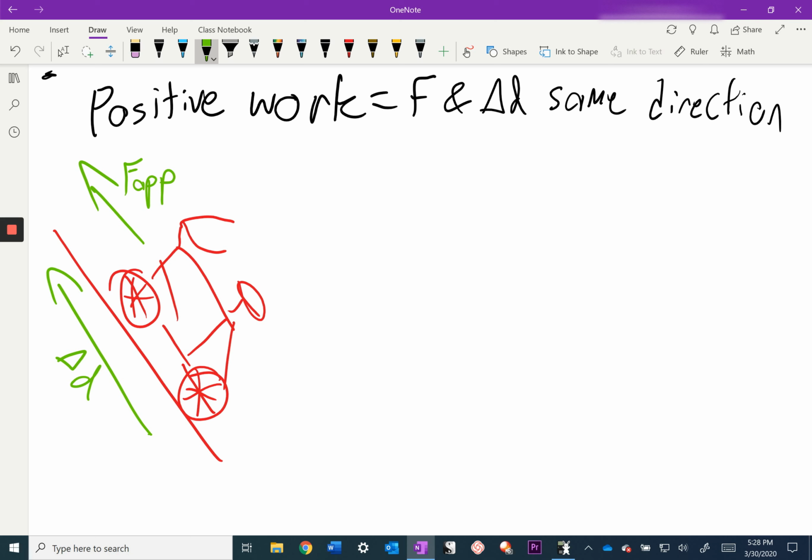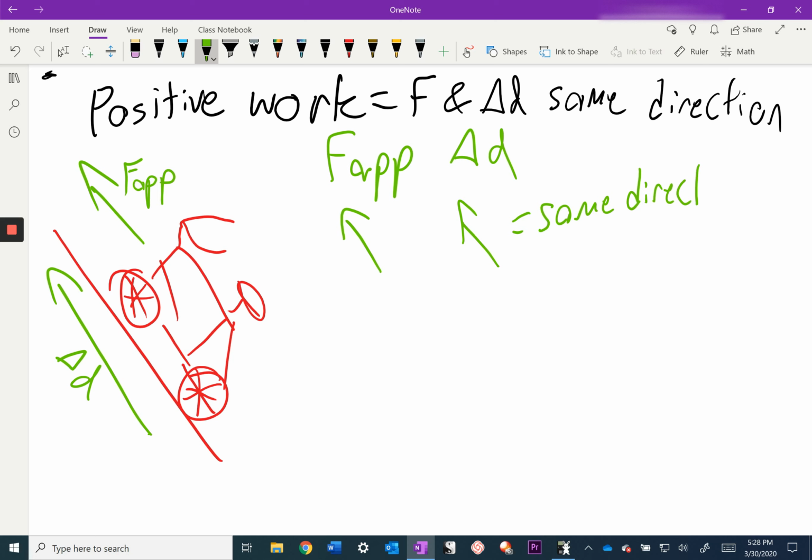Now, what that means is your applied force and your displacement are the same direction, which means you don't have to do anything at all. Okay? So applied force and displacement, same direction, means no trig.